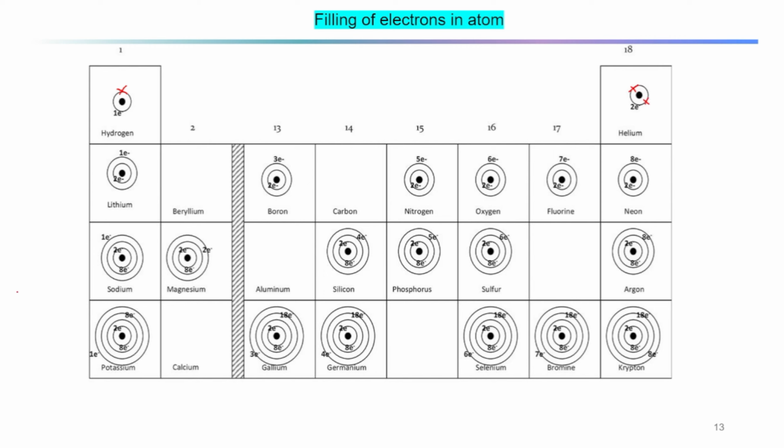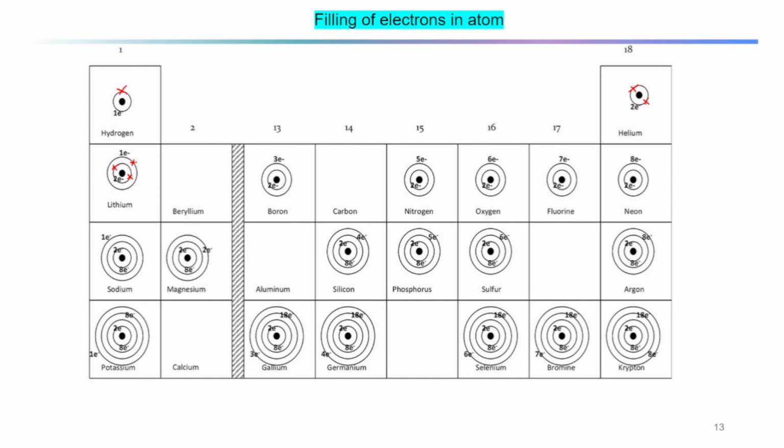Now in the case of lithium, when we add another electron, the first 2 electrons will go in orbit number 1. Now the third electron will be filled in the second orbit.